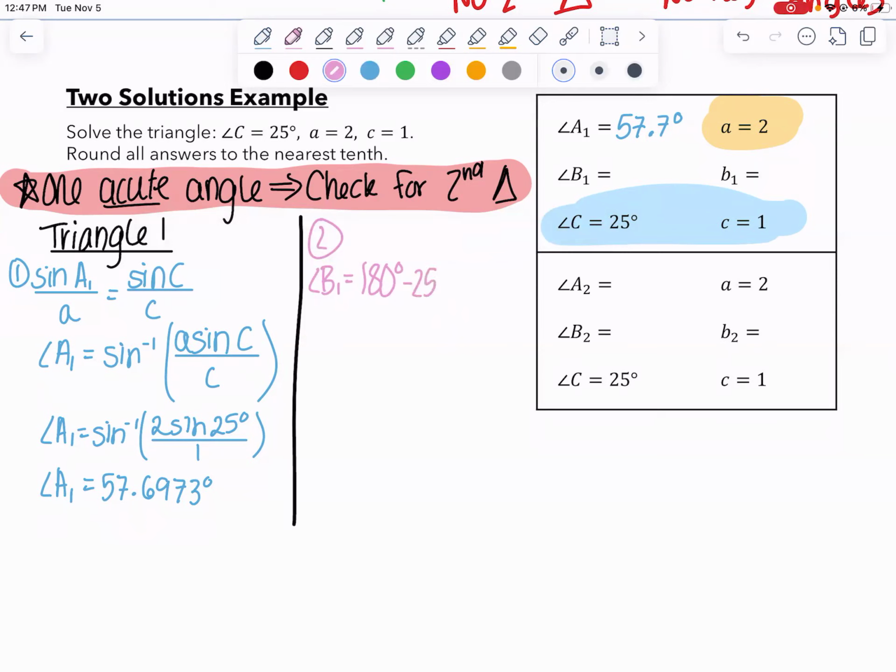Minus 25 degrees minus this guy, so minus 57.6973. Use that full decimal number. You'll get that angle B1 is equal to 97.3027 degrees, or 97.3 degrees.